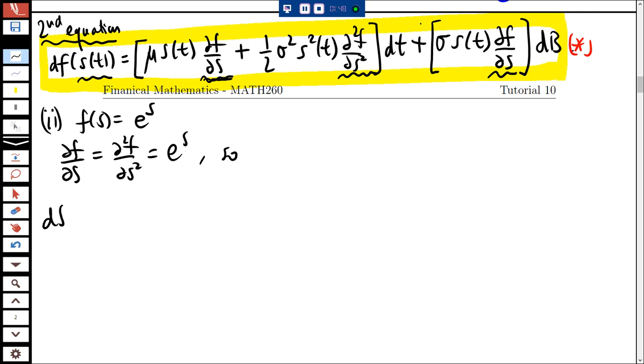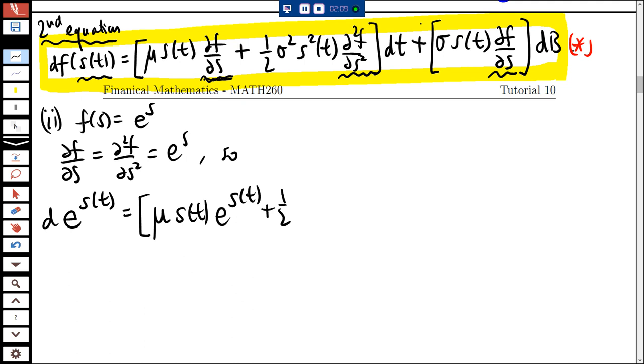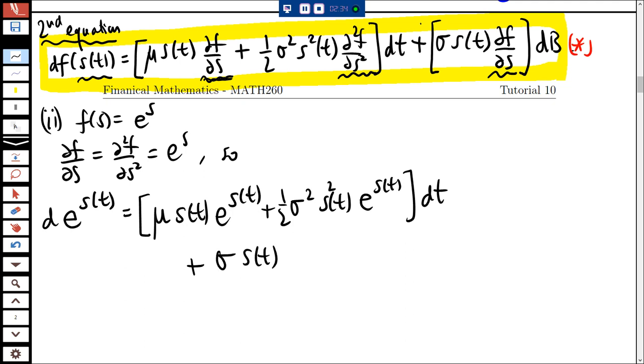So if we substitute this in, we have dy, which is dE of st, which is big S, is mu st e to the st plus 1/2 of the volatility squared st e to the st dt plus sigma st e of st all multiplied by dB. I'll write that a bit clearer.